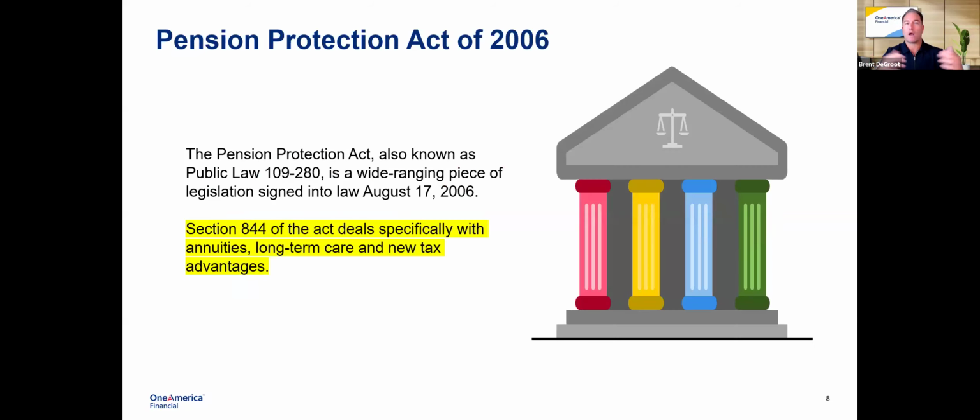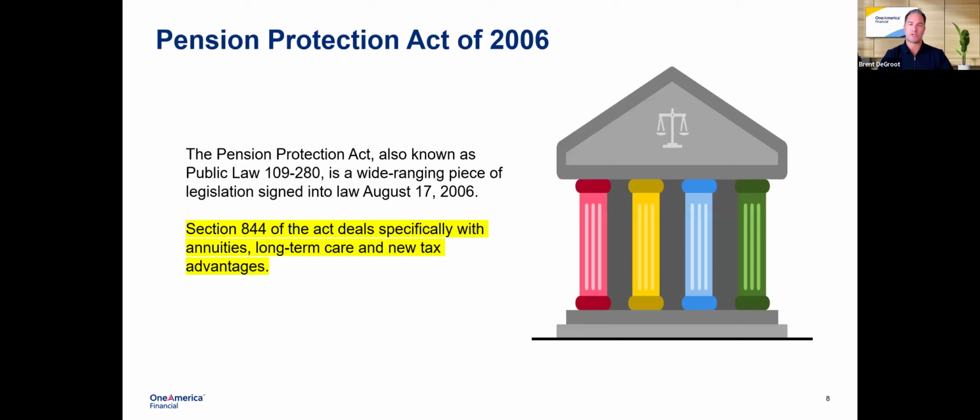That's again where the government has really been working on incentivizing Americans to use those annuities. And it's a very simple way of doing that. It's done through the Pension Protection Act. Now, the Pension Protection Act largely was crafted around pension reform.